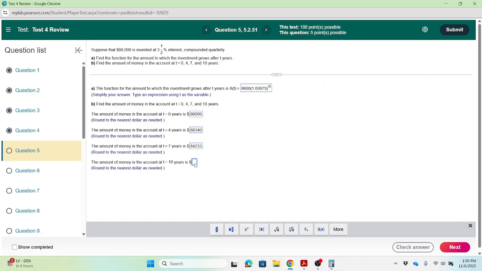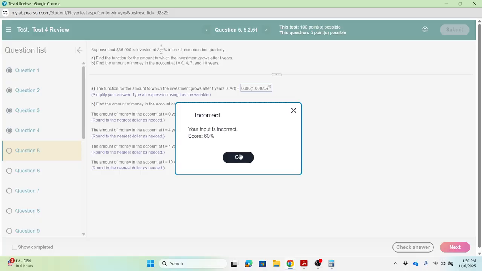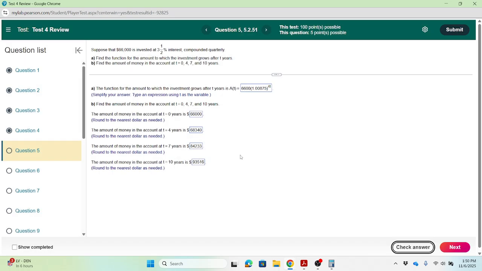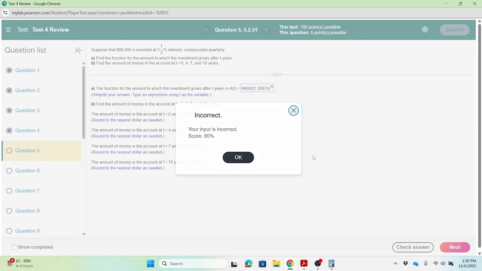Sorry, $93,516 if you round it to the nearest dollar. One of the answers is not right. His score is 60%. I don't know which one is not right, so let me go back and check it. Here, instead of 66,000, I put 6,600. That was the mistake I was making for sure.